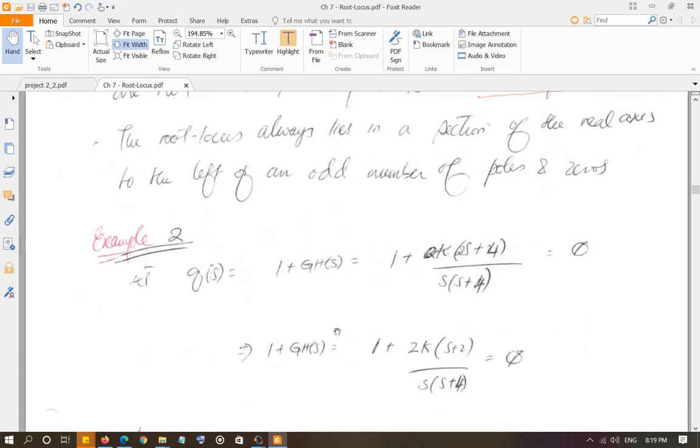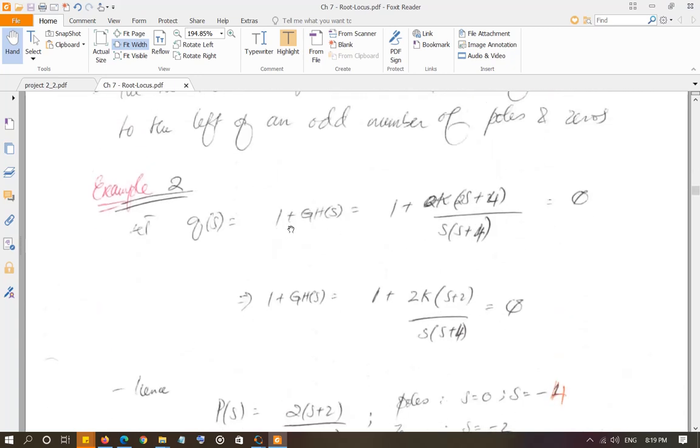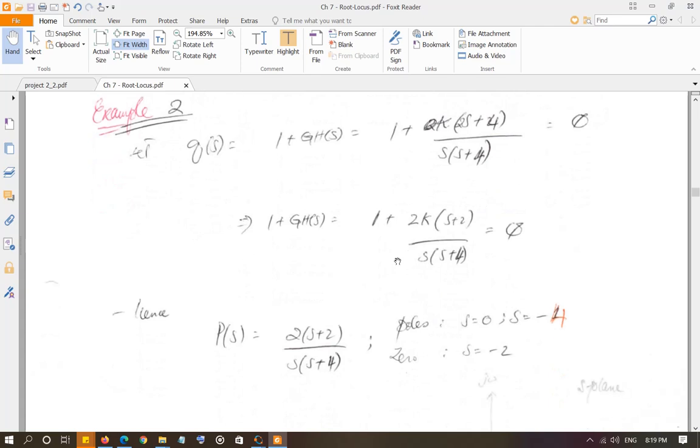So let me give you an example. If your 1 plus KPS, or whatever we are calling it, is 1 plus K times 2S plus 2 over S squared plus 4S, so PS here is 2S plus 2 over S times S plus 4.